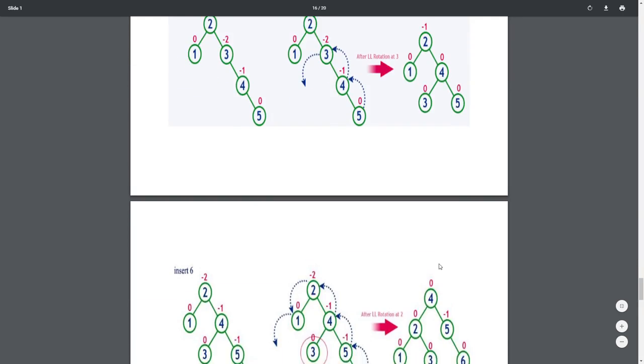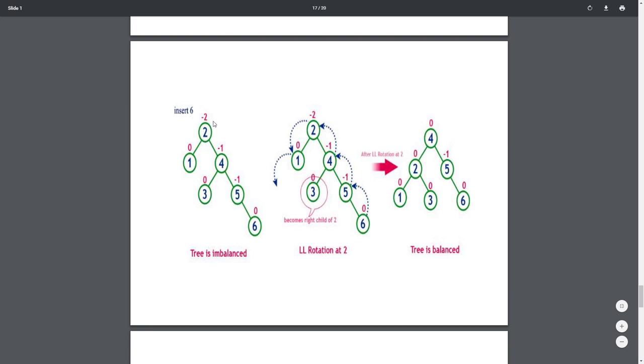Now 3 is balanced. Again insert 6, so this 2 becomes the critical node. Now 6 is inserted in the right part of the right subtree. So again it's LL rotation, a single rotation. So 4 will replace 2, so 4 will be here. Now 2 at the left of 4, because 2 is less than 4.